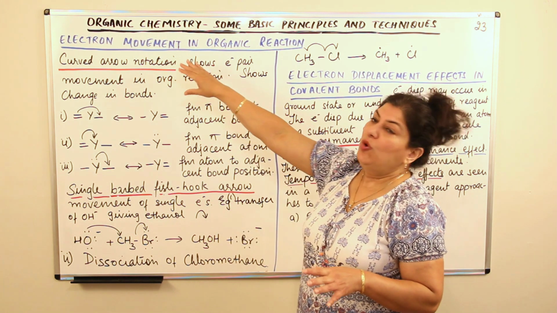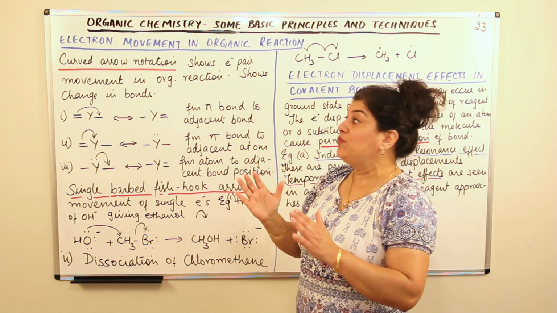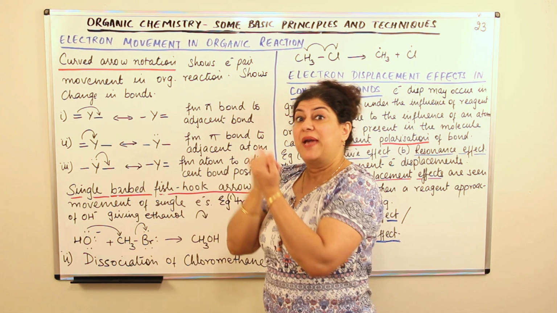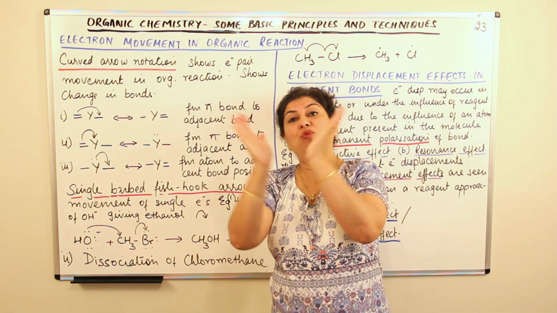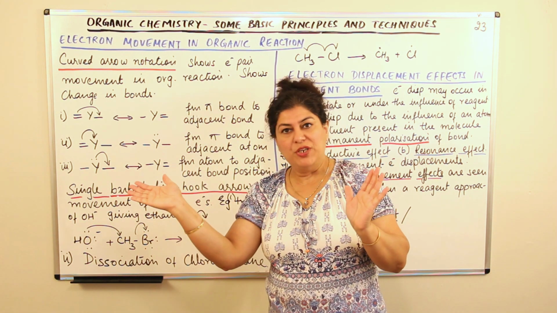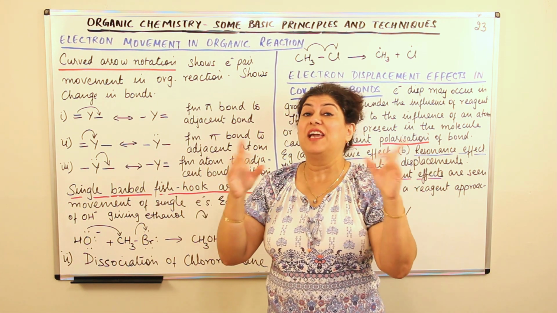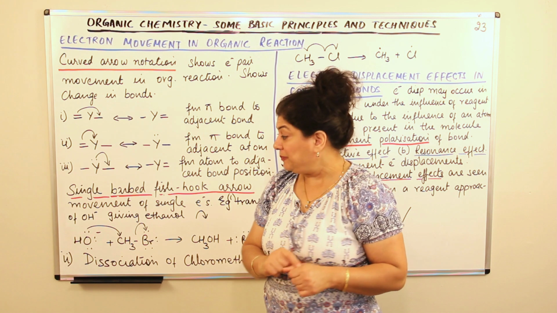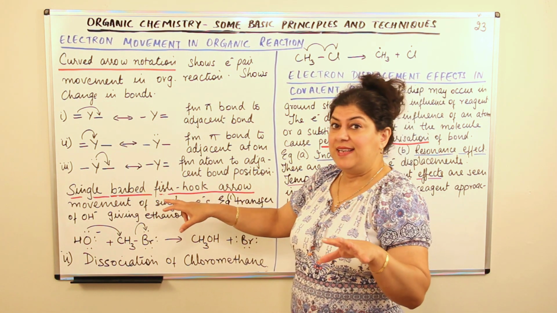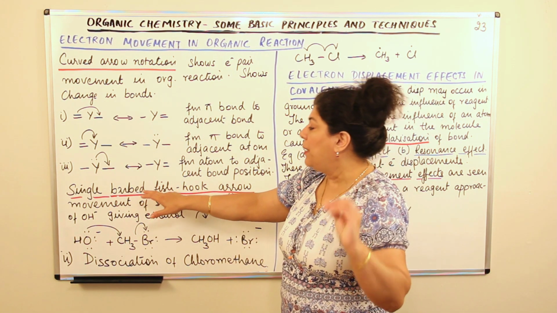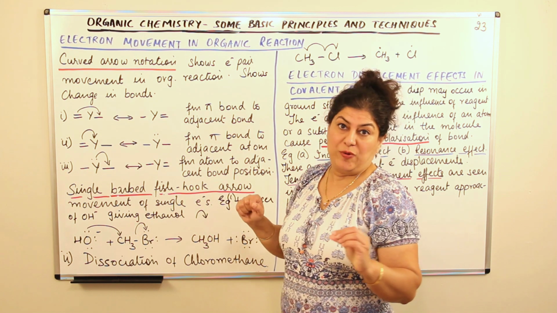The second way we show electron movement is for when the electrons are moving as a pair. But if electrons are moving singly, one electron going in one direction and the other in the other direction, as in the formation of free radicals, in that case we use a single barbed fish hook arrow.